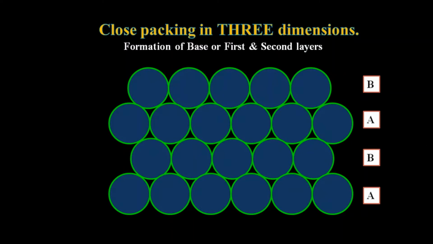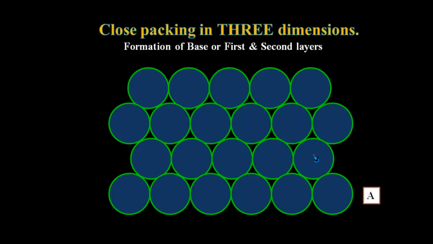The base layer, even if it is of the type ABAB, for convenience is now called layer A. Suppose this is our layer A, which is the base layer or the first layer of this three-dimensional close packing. Then we discuss the formation of the second layer.